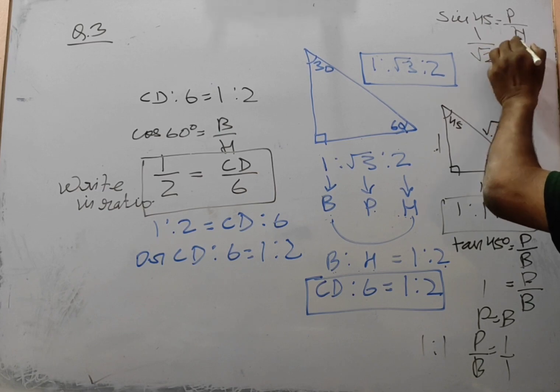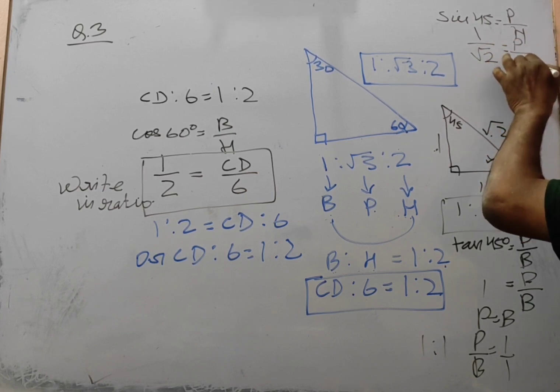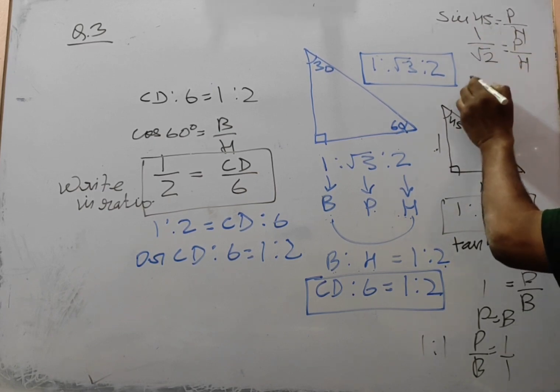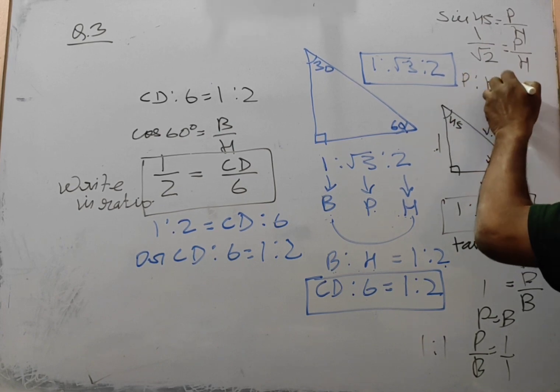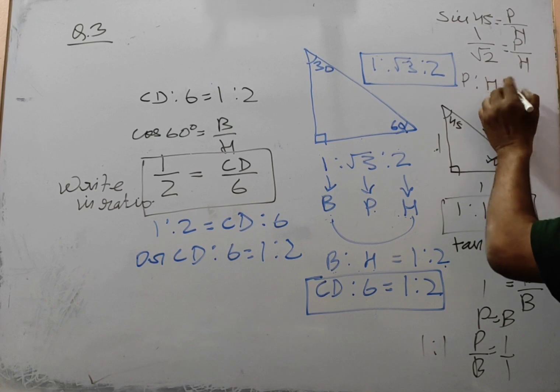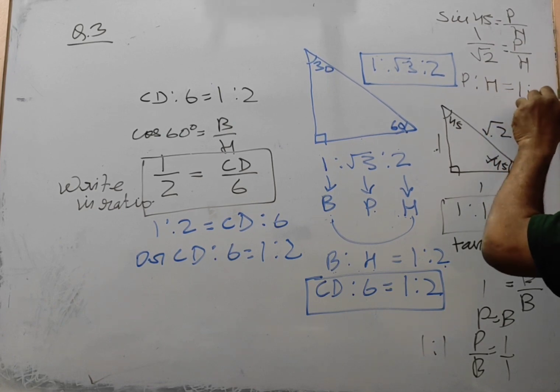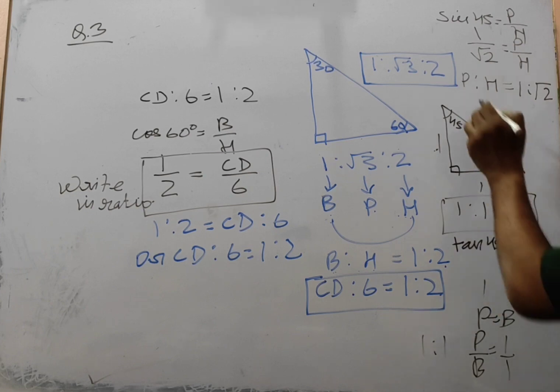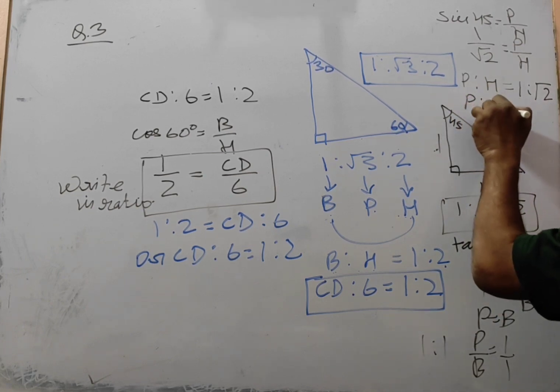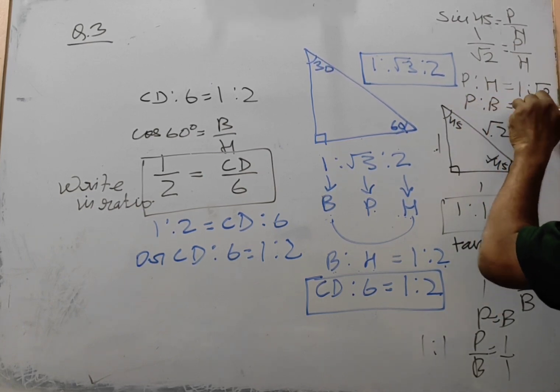It means perpendicular upon hypotenuse, so P ratio H is equal to 1 by root 2, right? And P ratio B is equal to 1 is to 1.